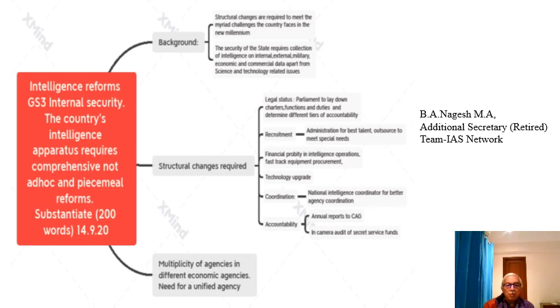So this will help you in answering a question on intelligence reforms. This would be the most comprehensive answer for 200 words for a question on how the intelligence setup requires revamping, not through ad hoc measures, not through piecemeal measures, but a comprehensive set of reforms.